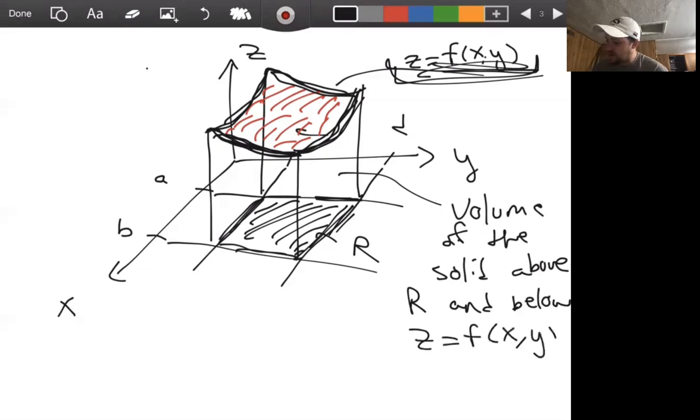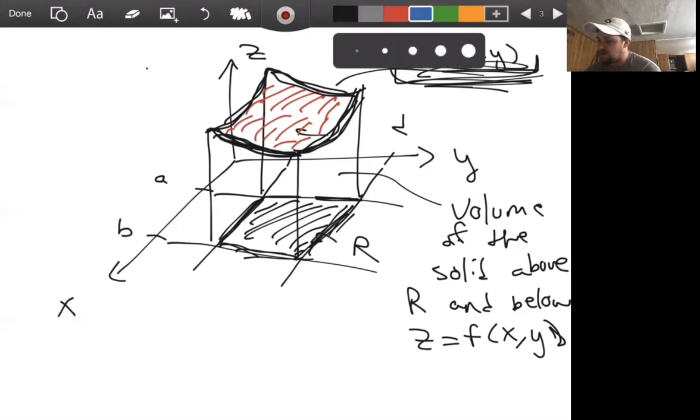So again, think about this solid as a box where the bottom of the box is the region R and the top of the box is the surface, however the surface is behaving over the region. And so how do we estimate this volume, right?